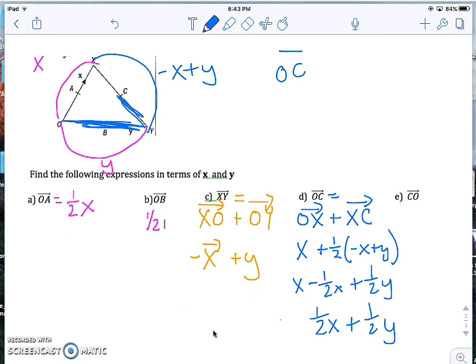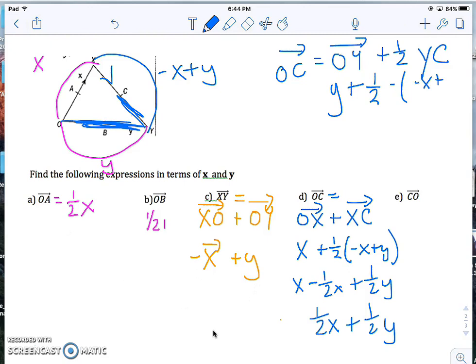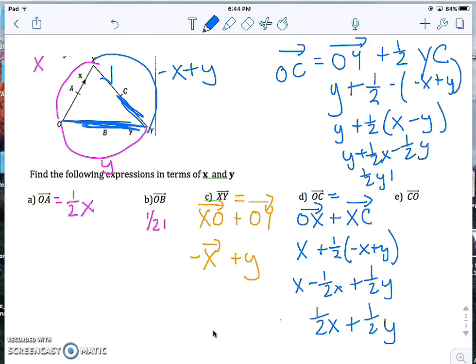Another way to get from O to C would be to go O to Y plus half of Y to C. O to Y we know is Y, plus half of Y to C. Well, we found X to Y, so it's the opposite of negative X plus Y. So again, if we distribute, plus half of X minus Y. So Y plus half X minus half Y. So we end up again with half Y plus half X. So we could get it going either direction.